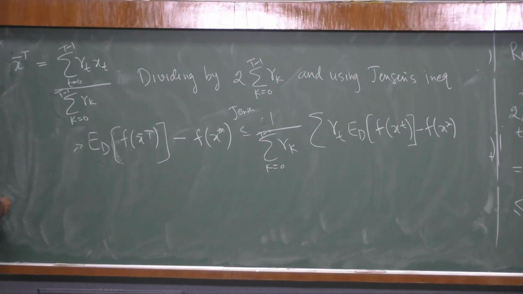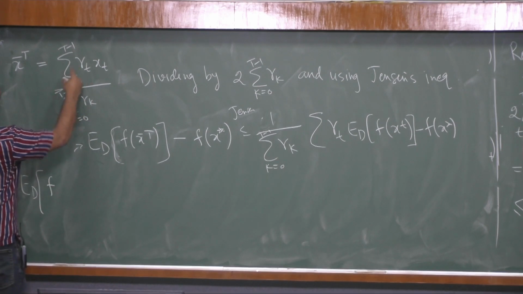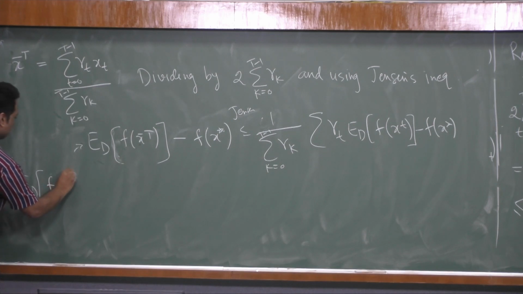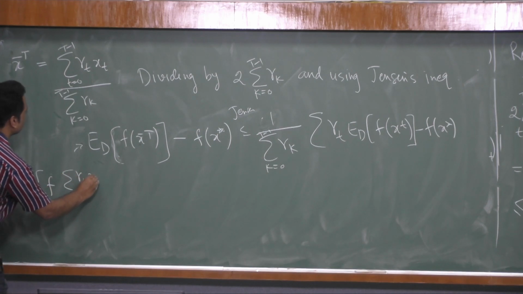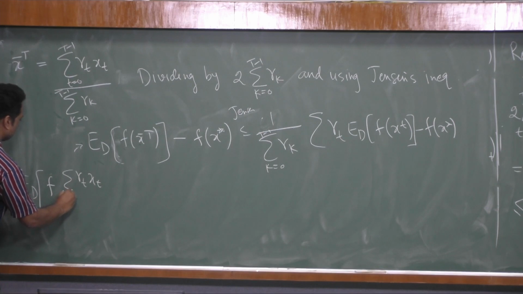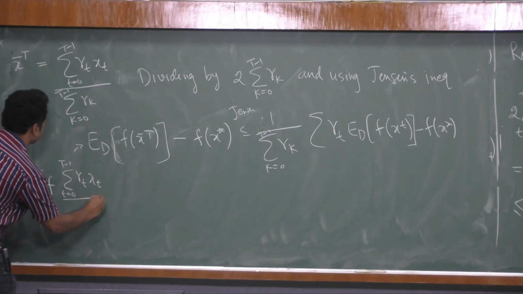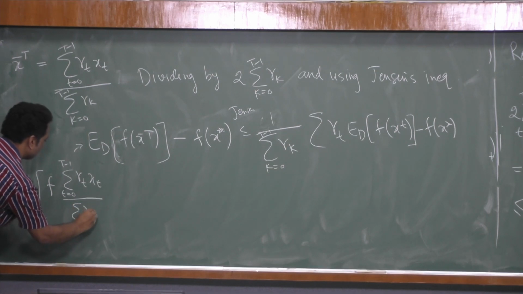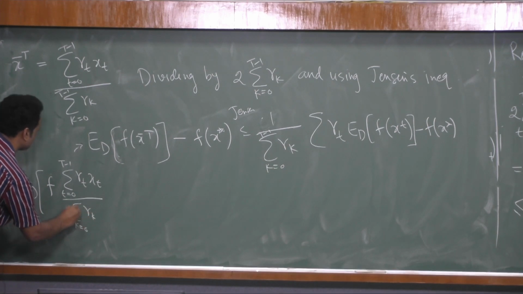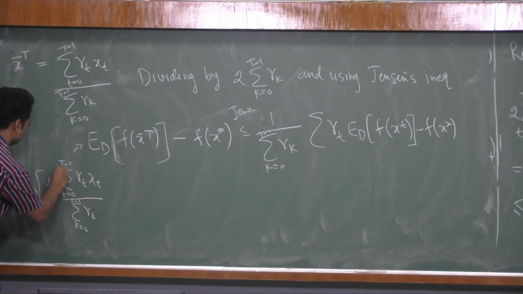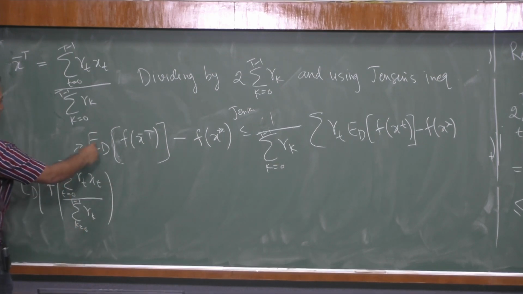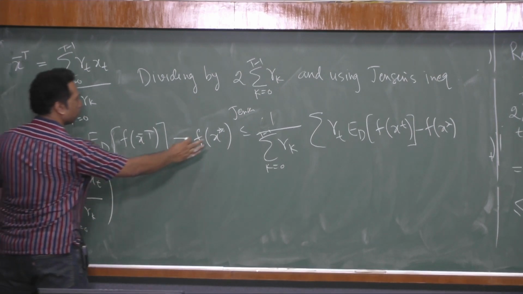Okay, let us start from the left hand side. This is expectation of f of this guy, right? So x bar t is sum of gamma t x t, t equals 0 to t minus 1, divided by sum of gamma k, k equals 0 to t minus 1. So this is what we have here. We don't really have to look into this.